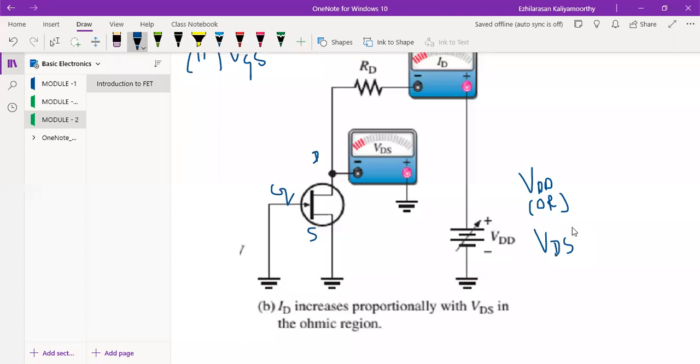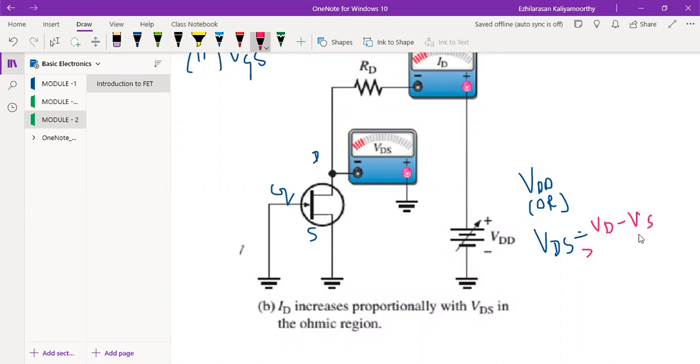Why VDS? Because it is connected between the drain terminal and the source. The source is connected to ground. So VDS is simply the voltage across drain and source terminal, that is VD minus VS.